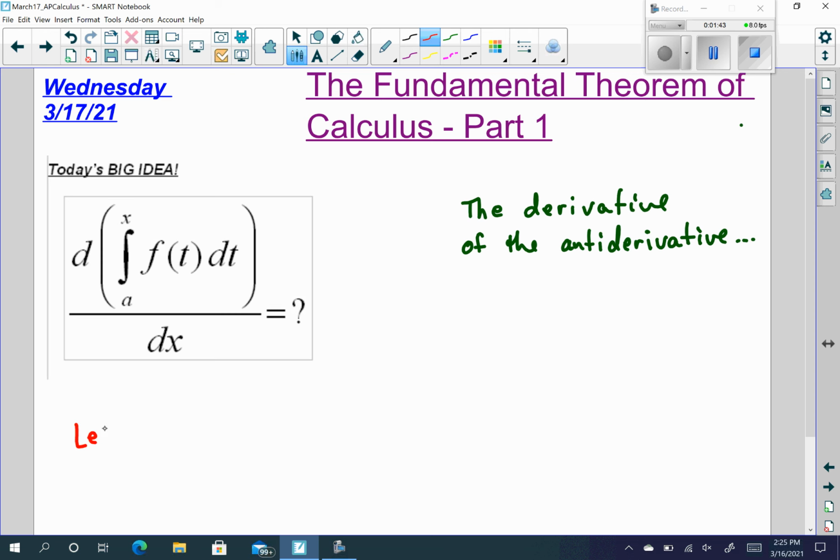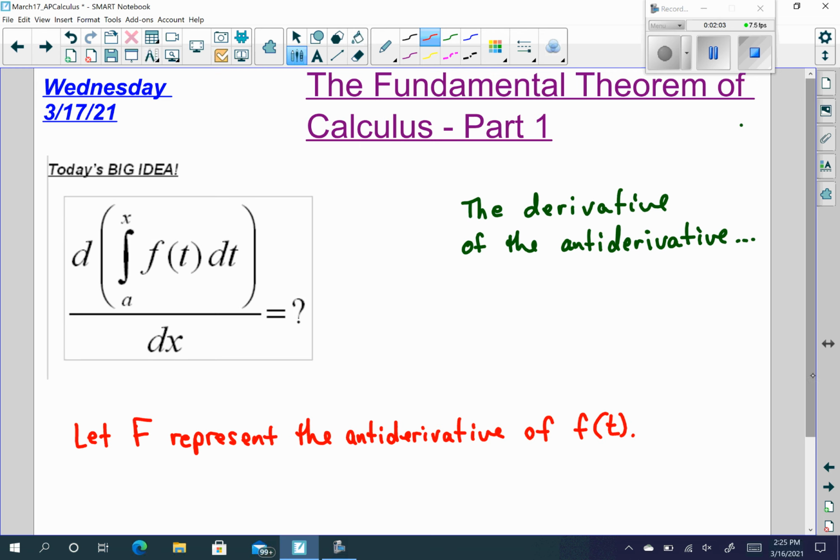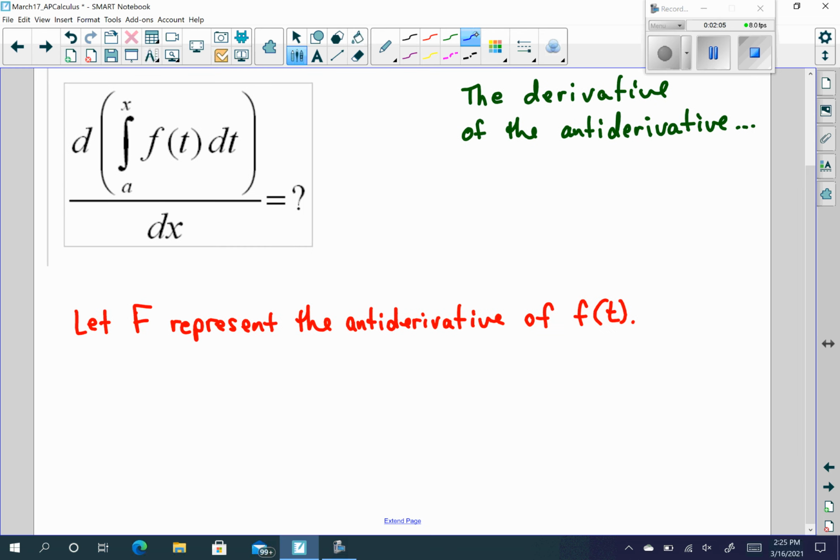Again, we're going to let capital F represent the antiderivative of our function f of t. Then the integral from a to x of f of t dt.